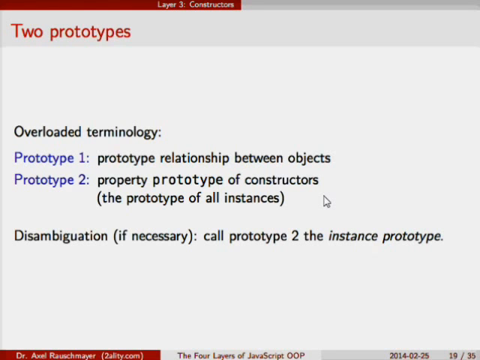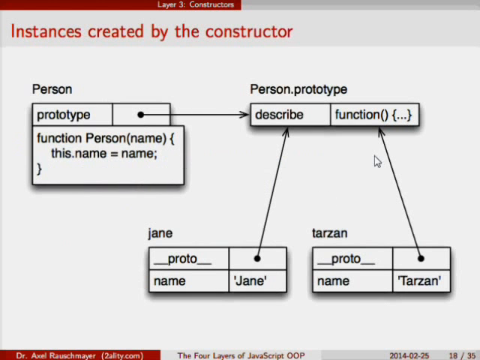And a problem that often confuses beginners is that the terminology of JavaScript is unfortunately overloaded in this area. So you have two prototypes. The first prototype is simply the prototype relationship between objects, and the second prototype is a property that all constructors have. So we can see that up here.